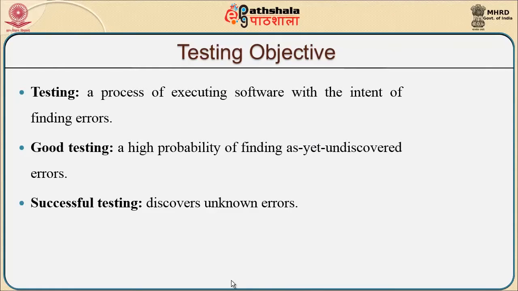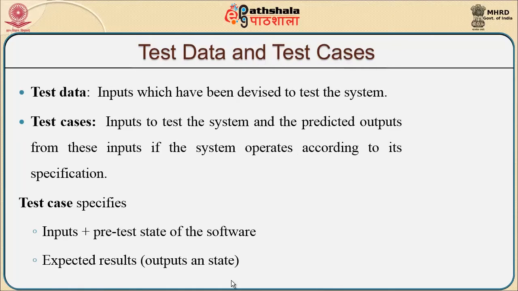The objective of this kind of testing is to find errors, and when we say good testing, we mean a high probability of finding an undiscovered error, and successful testing discovers unknown errors also. For doing testing, two things are very important.